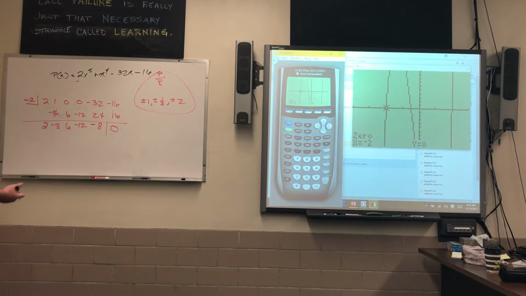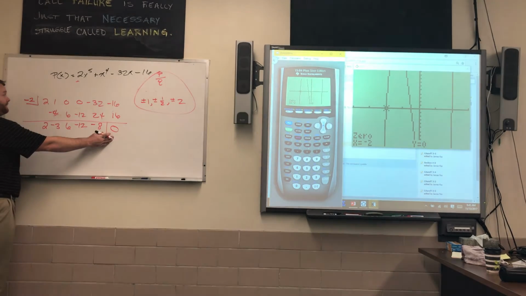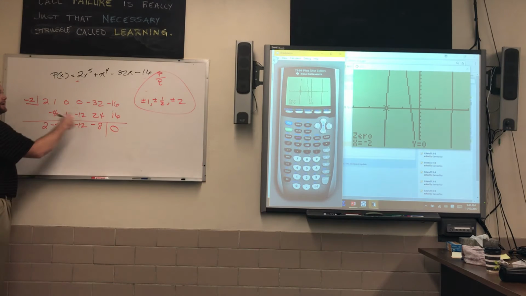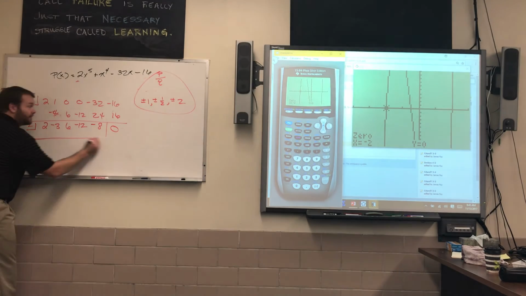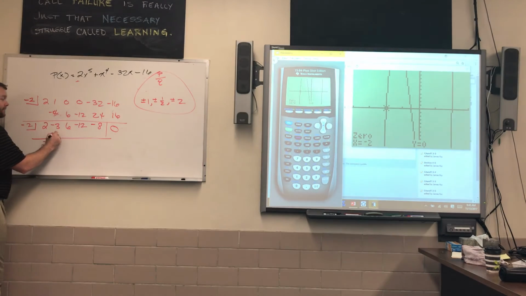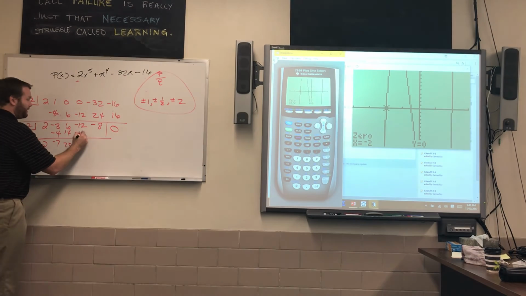Obviously not happening here, but it did tell me -2 is a 0, right? Okay. But it's not telling me whether it was maybe a double root or a triple root. So what we need to do is take -2 and try it again. Bring my 2 down, -4, -7, gives me 14, so there's 20, -40.